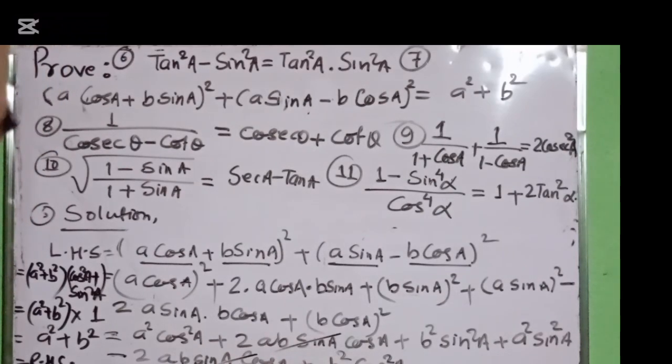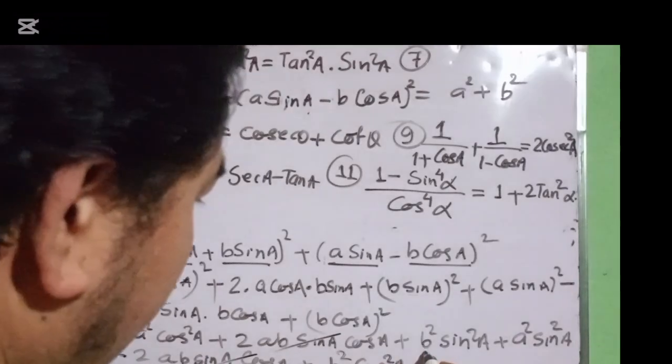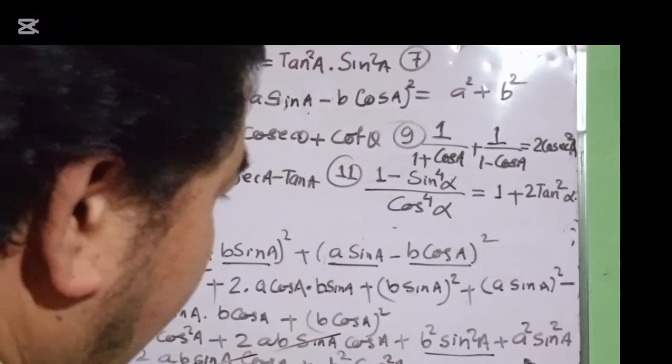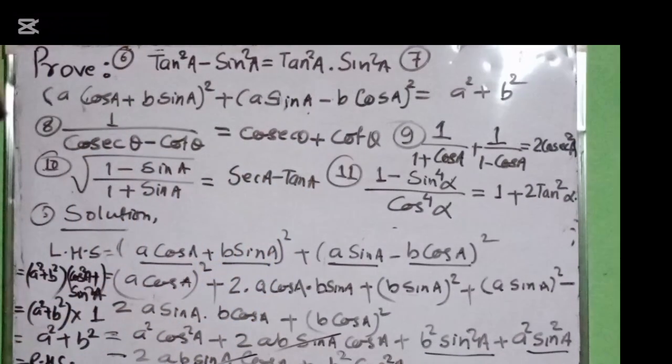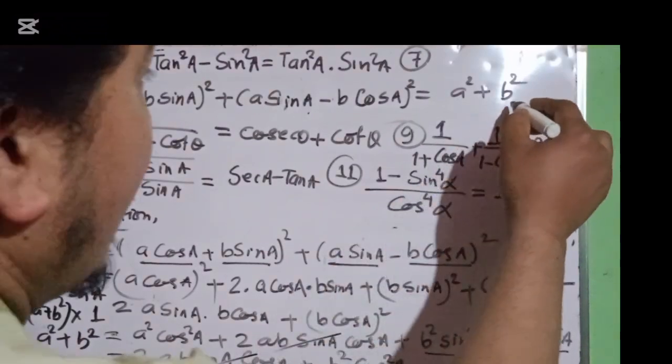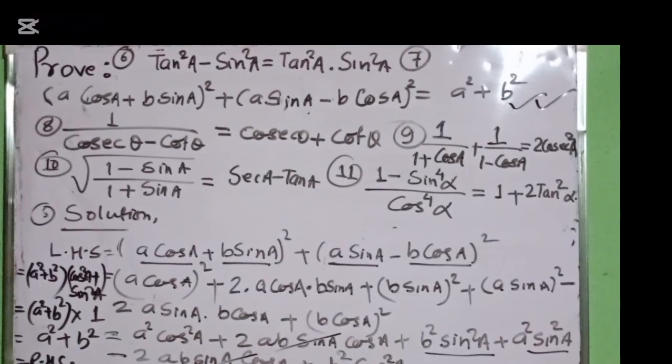Then 2ab sin a cos a cancels. Then cos square a common leaves a square plus b square, and sin square a common leaves b square plus a square. Here a square plus b square is common, and left in the bracket is cos square a plus sin square a. As we know, that means 1. Then a square plus b square into 1 means a square plus b square. That is our right hand side. Like this we have to solve it.